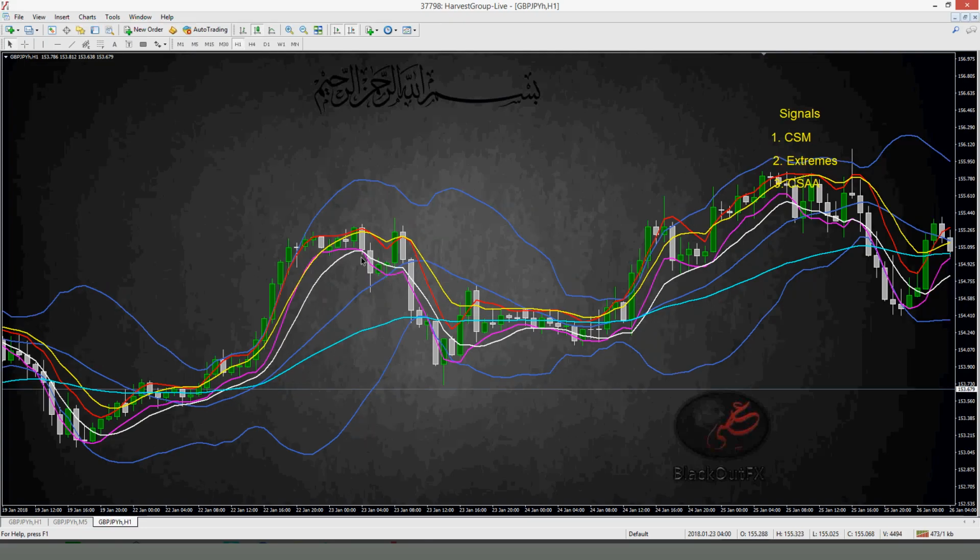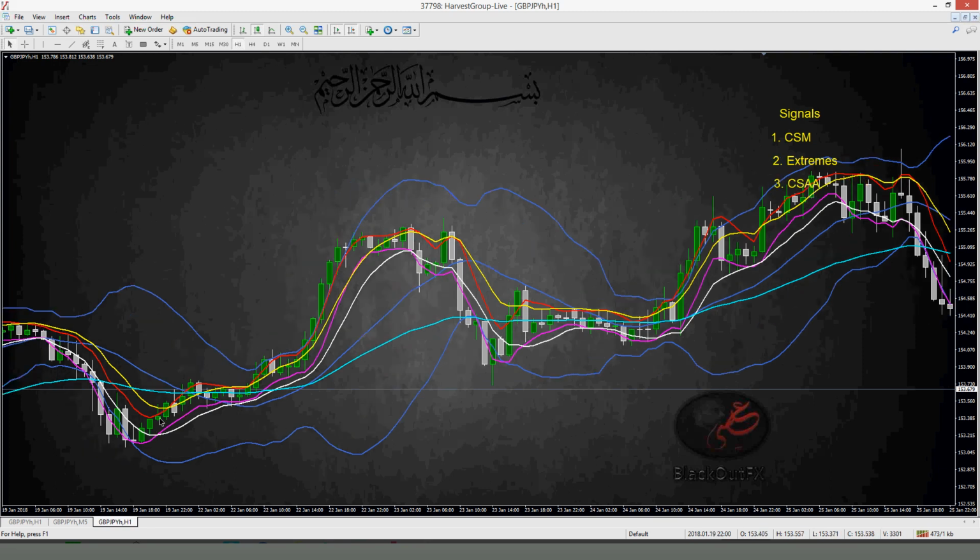Candlestick direction is MA 5 and 10. The candle breaks MA 5 and 10, but it didn't manage to break middle BB. So that's the early candle direction. This is CSAA, CS arah awal, which is early direction sell, and this one is early direction buy at the low BB over here.